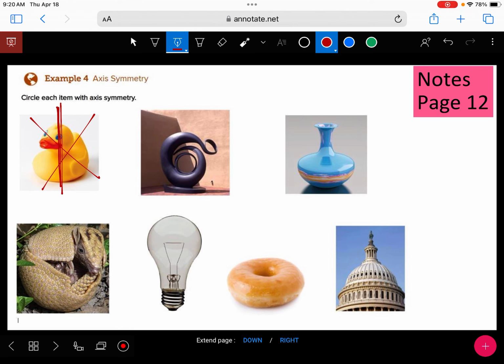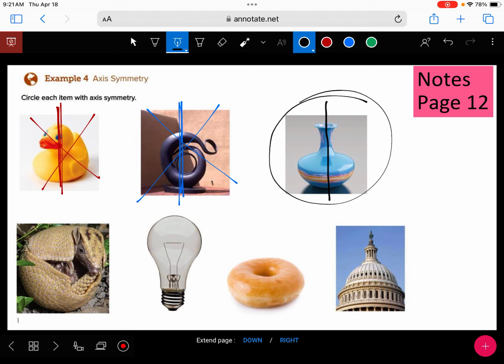What about this statue? If I draw a line going straight down the middle, does the left side look like the right side? Is that symmetrical? No. What about this vase? Yes. That has symmetry. This is a yes. I do not know what that is.